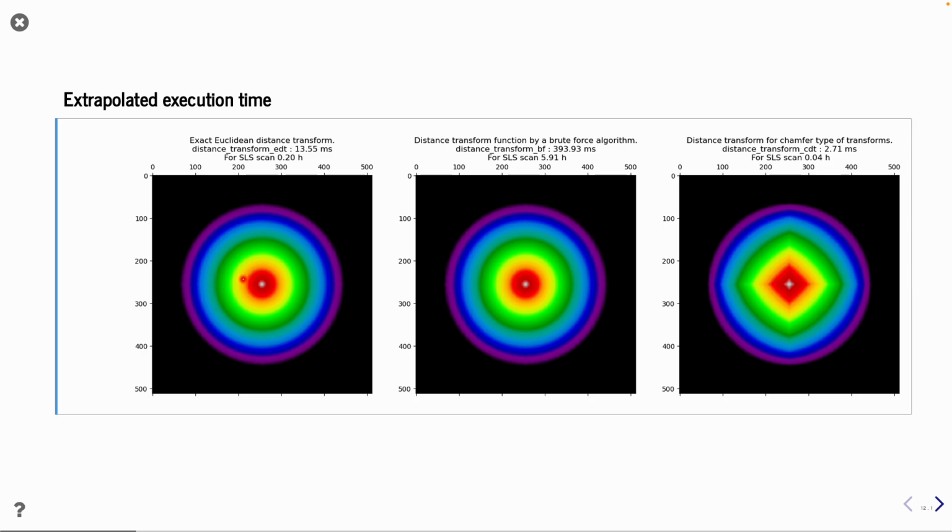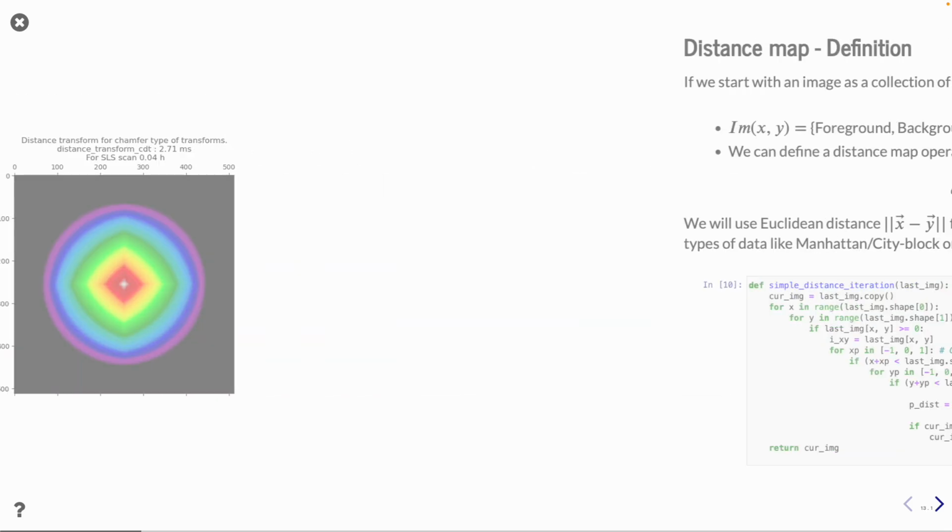Otherwise, you have to go to this one, which is 5 times slower, but then you have the exact value. So that is what you need to think about. And in particular, if you want to process many of these images, then you really have to decide what quality do I really need.